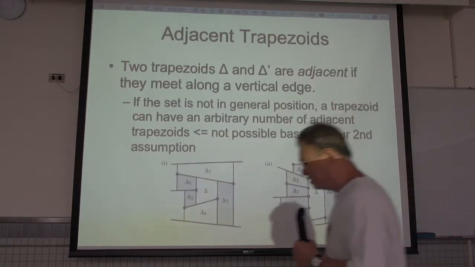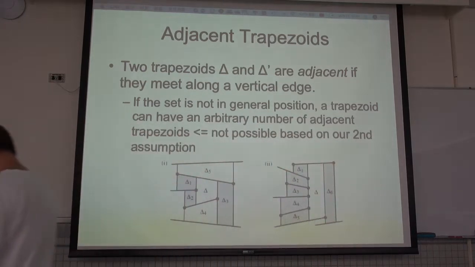And then, there's one more property I would like to talk about: the adjacent trapezoid. What is an adjacent trapezoid? Another way to call it is a neighboring trapezoid.